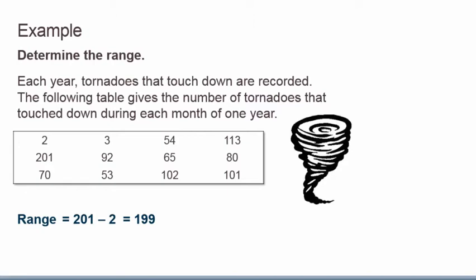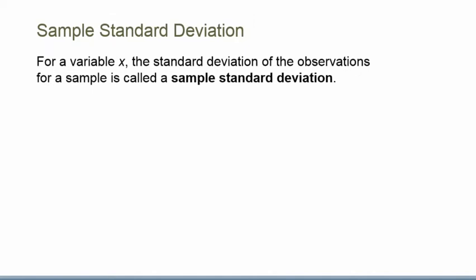While range is very easy to find, it's not always the most descriptive piece of information about our data. That's the sample standard deviation. For a variable x, the standard deviation of the observations for a sample is called a sample standard deviation.